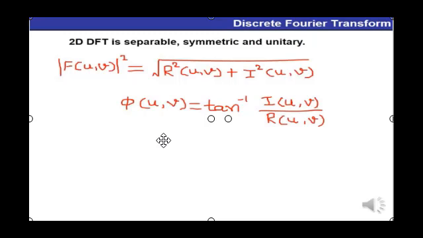So this is the 2D DFT, two dimensional. We have two variables, u comma v or x comma y. The phase angle phi of u comma v is equal to tan inverse of the imaginary part upon the real part. So it is separable, symmetric and unitary, always remember.